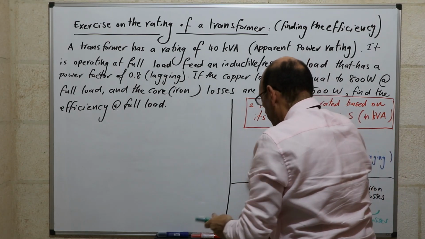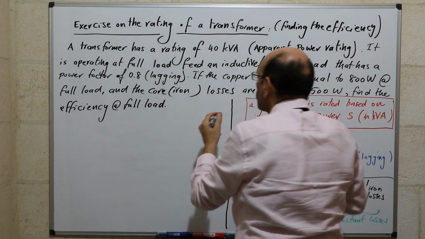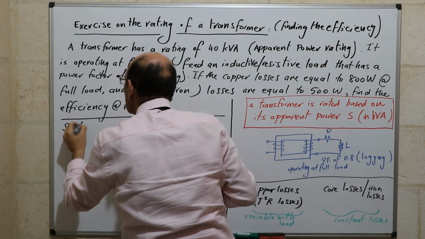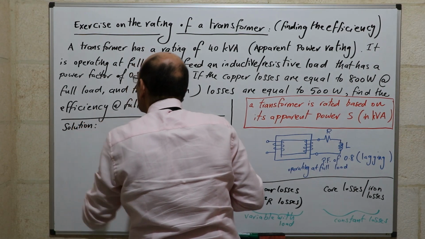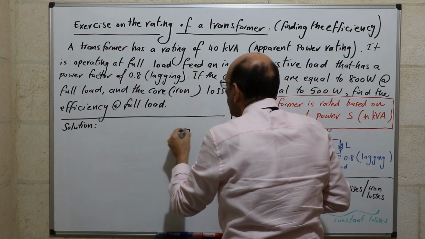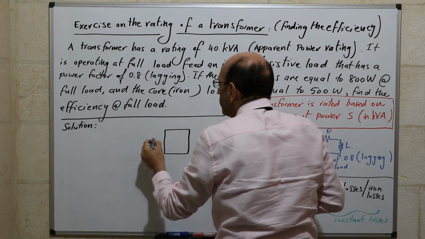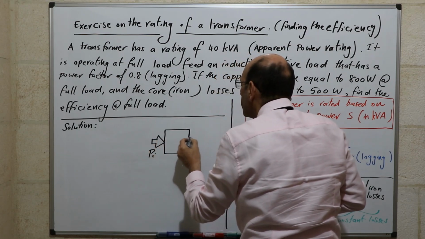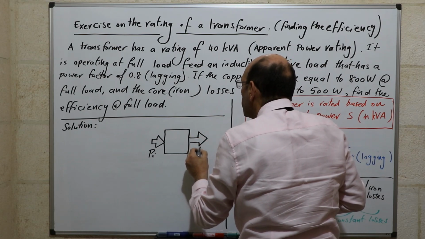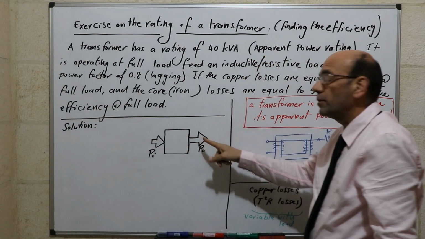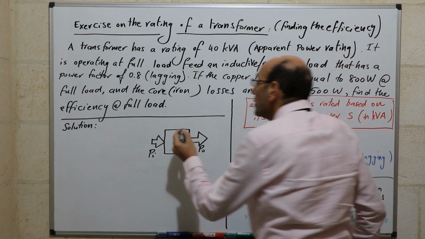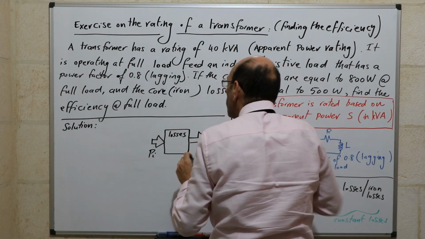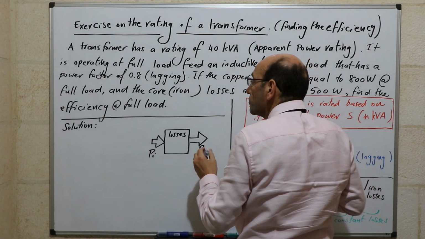So in order to calculate the efficiency, we can think of the transformer as having input power, Pin, output power. So this is the useful power that is fed to the load, and internally we have two types of losses, copper losses and iron losses.